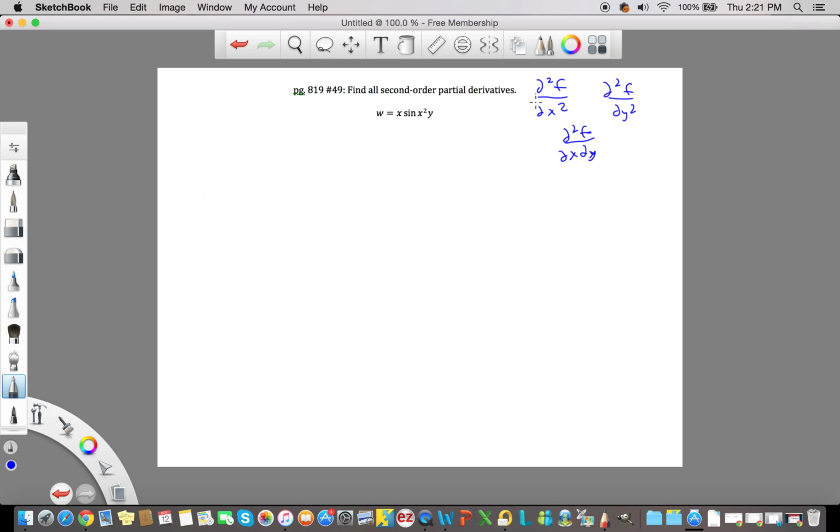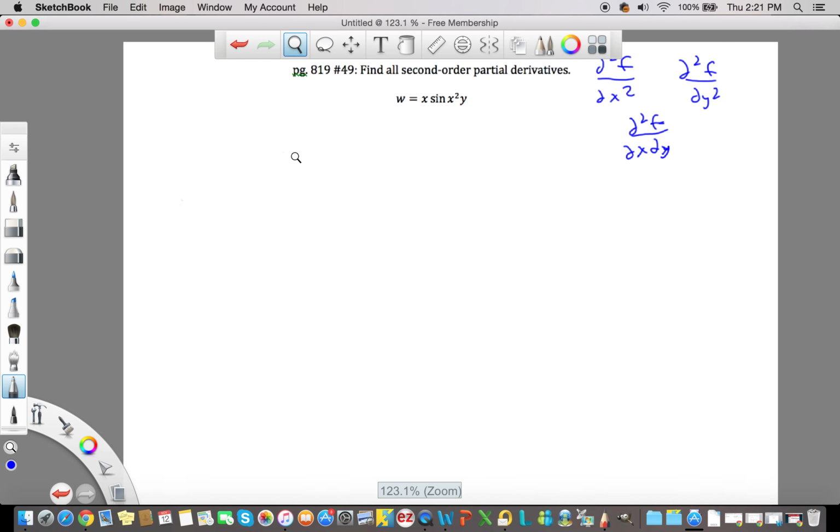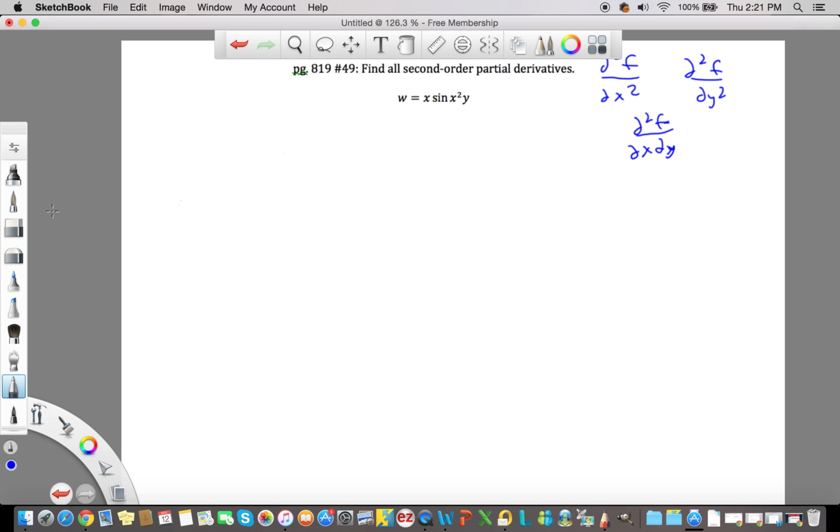So let's start off with d squared f over dx squared. I'm just going to zoom in a little bit so we get more space. I'm going to do that one in red. Like we just said, d squared f over dx squared is d dx of df dx.